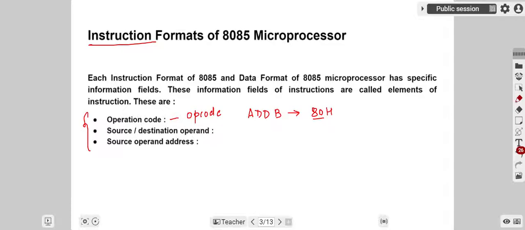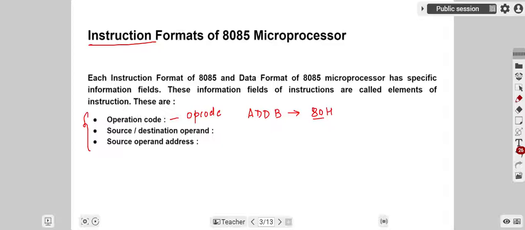The source or destination operand field directly specifies the source or destination operand for the instruction. In the instruction MOV A, B, the B register contents are the source and A is taken as the destination register, and these two registers A and B are known as the operands.